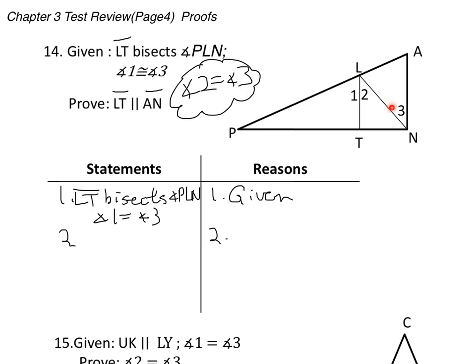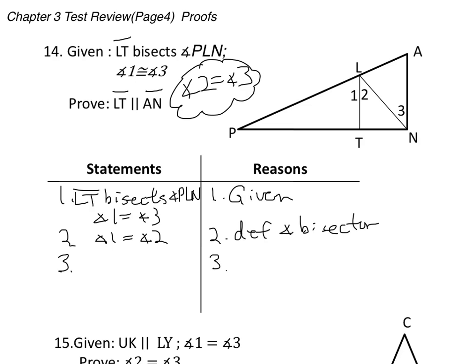So if LT bisects that angle, which angles have to be equal by definition of angle bisector? Angle 1 has to be equal to angle 2. Definition of angle bisector, because a bisector does cut an angle in half. So now we've used the given information. We're also given that 1 equals 3. So what else? Nothing else I can get from the diagram.